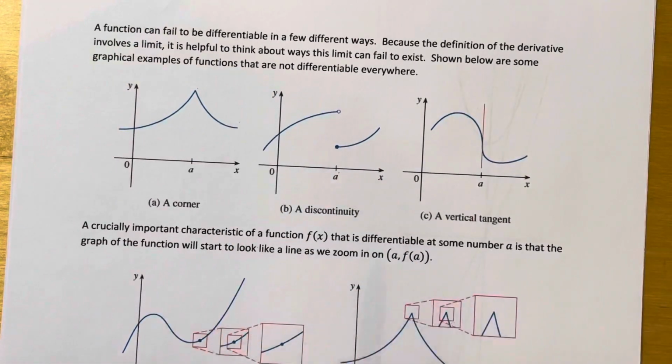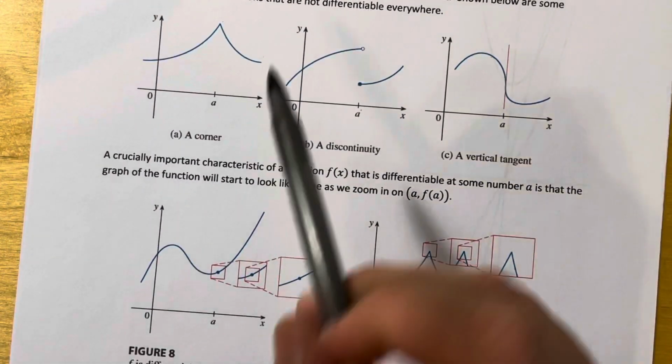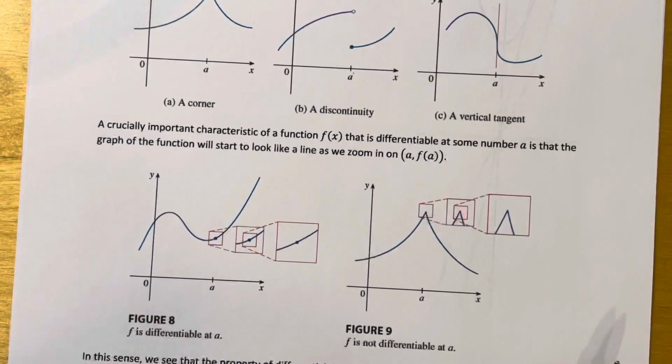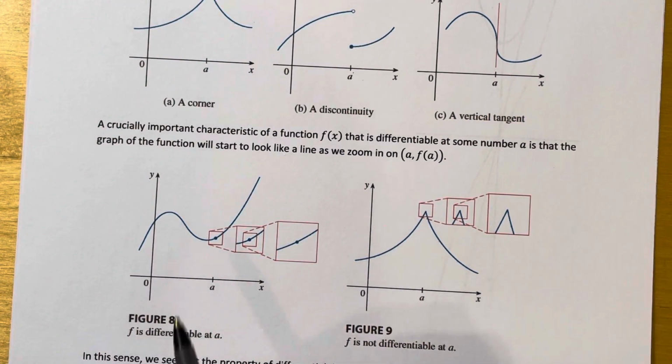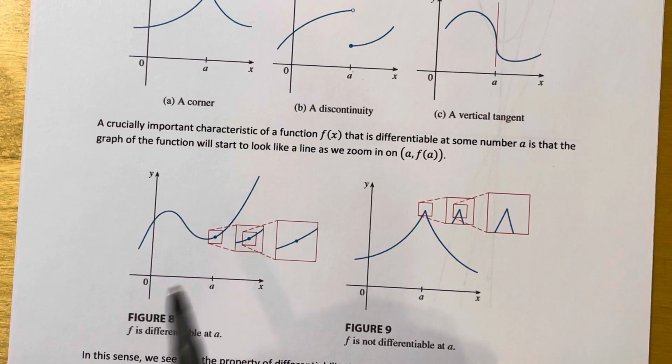Looking at all these examples, this is the one I want to key in on a little bit. The condition that a function is differentiable implies something about the character of the graph at that point. Notice here we have a function that's differentiable at a.